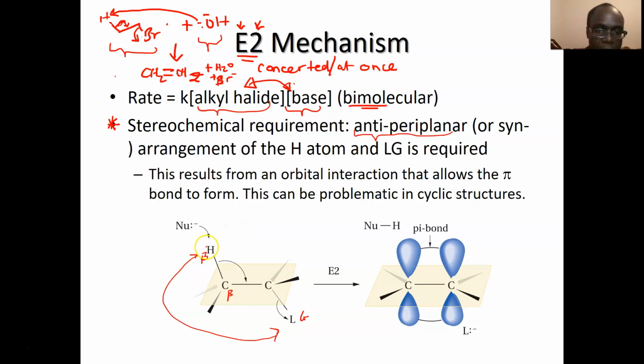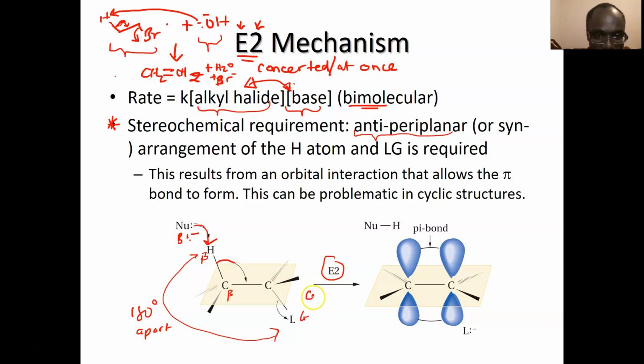So the hydrogen to be taken out and the leaving group must be 180 degrees apart, so that when you push the arrows, the base, not the nucleophile, the base will take out the hydrogen, and then this bond will be used to make a double bond, and then this will fall off.